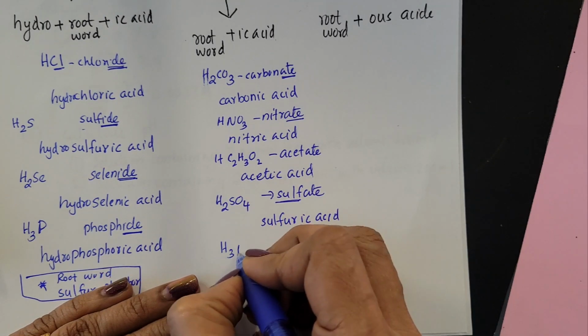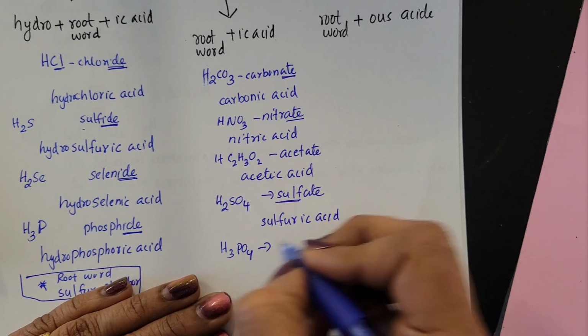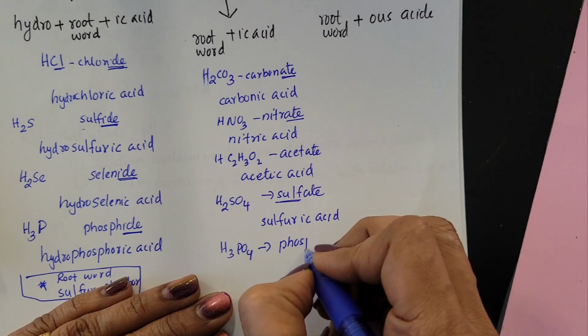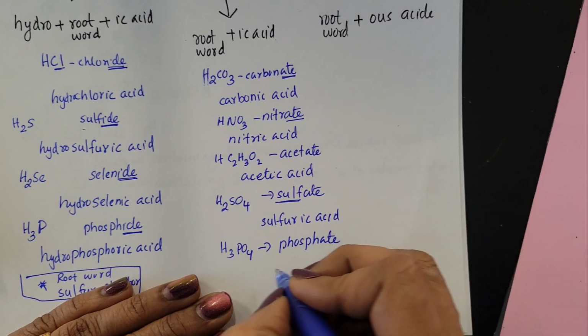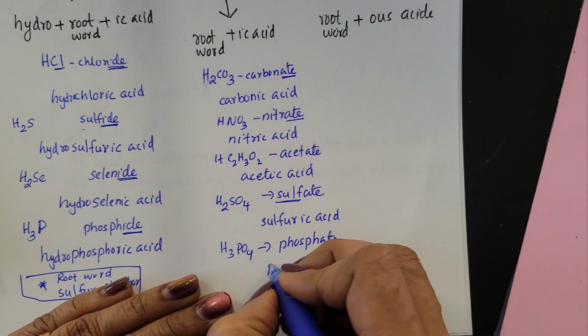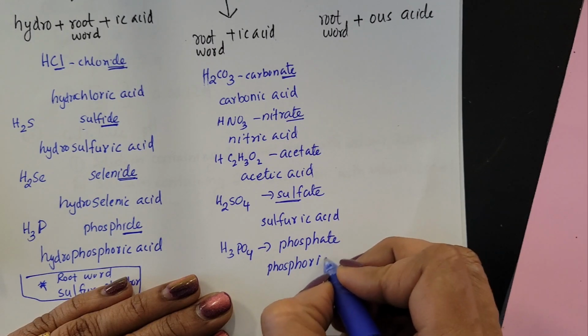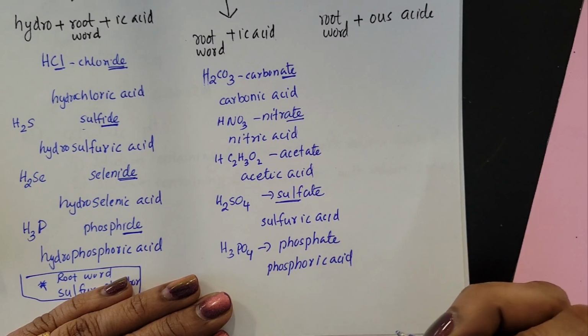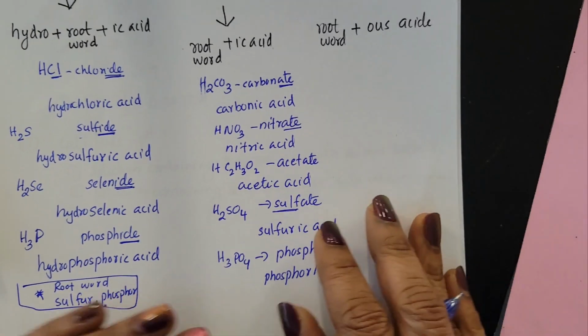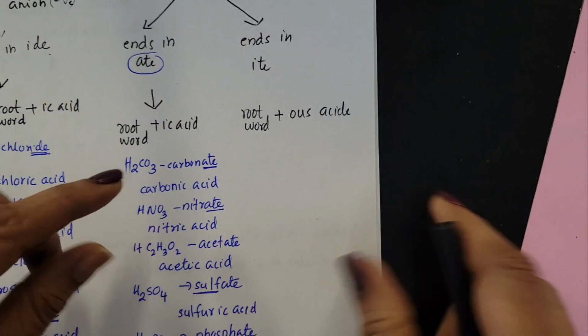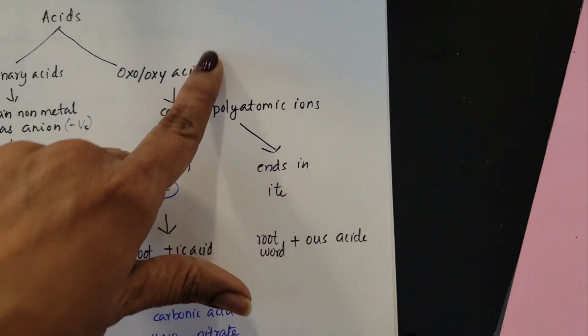Same thing for phosphorus. If it is H3PO4, it is phosphate. So it is not phosphic acid. You have to write phosphor, then add IC acid. So it is phosphoric acid.